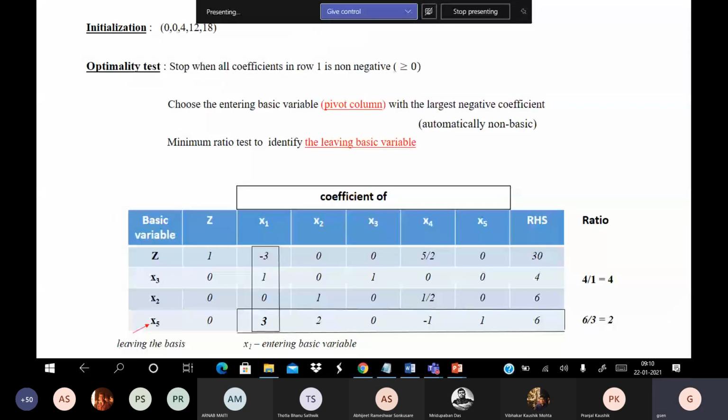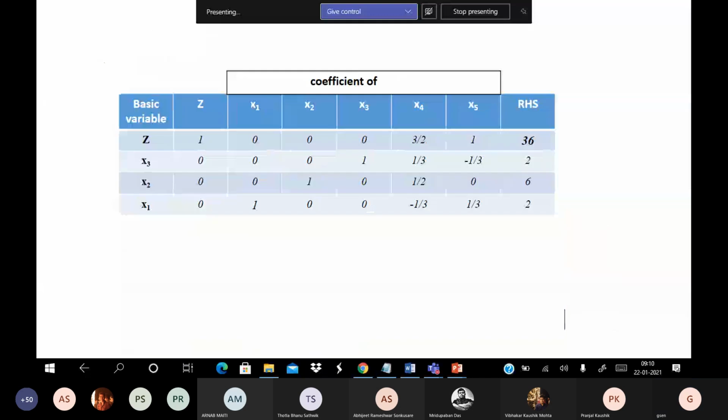This one, right? So this was the optimal solution for that example problem, where the Z value is 36 and the solution was x1 is 2 and x2 is 6.